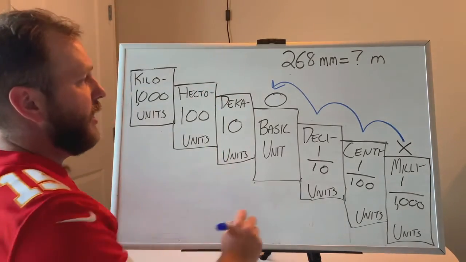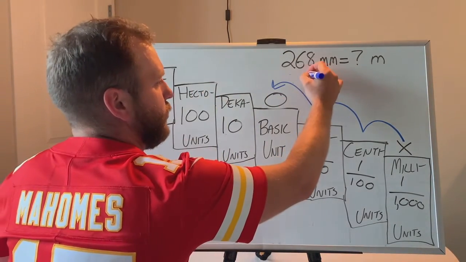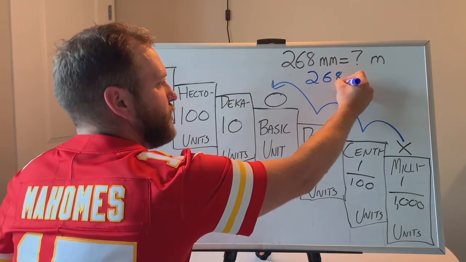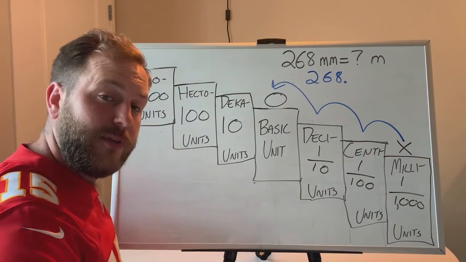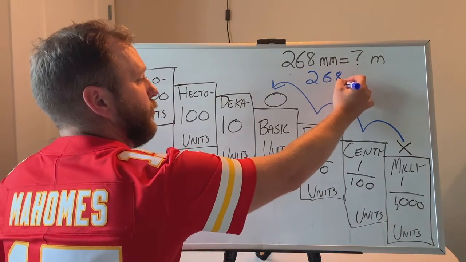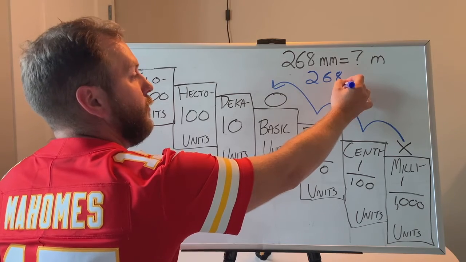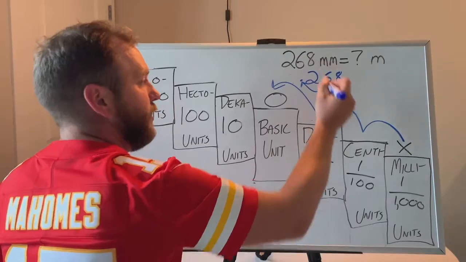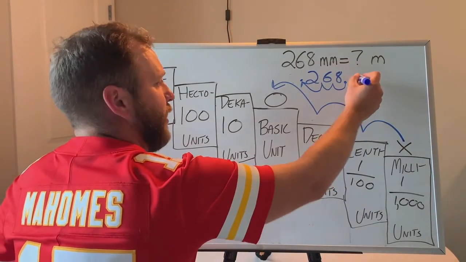So we take our original number, 268, and put the decimal place right there at the end of the number, even though it doesn't show up normally. And we move that decimal 1, 2, 3 to the left, and now it lives there, and that's our final answer.